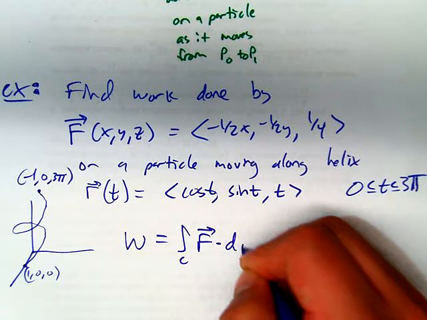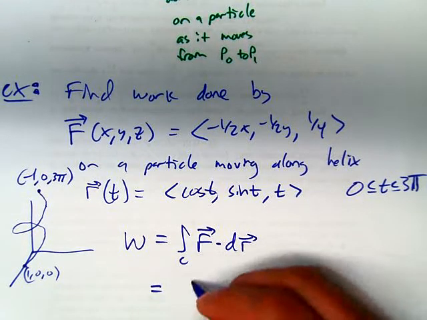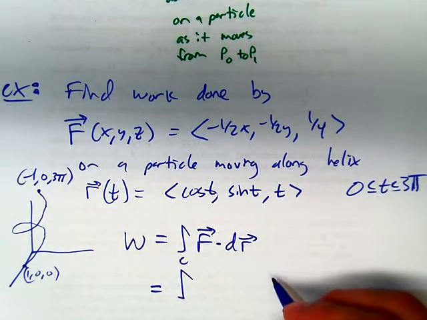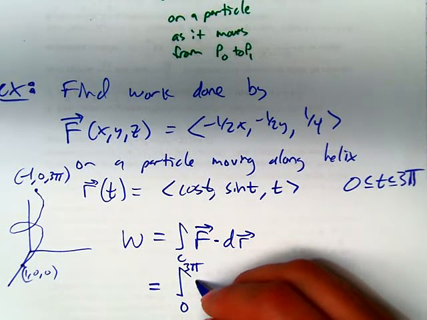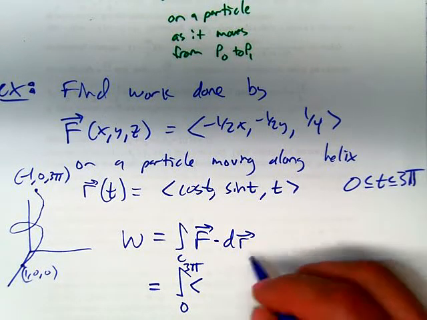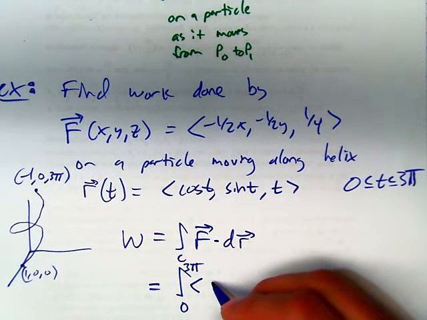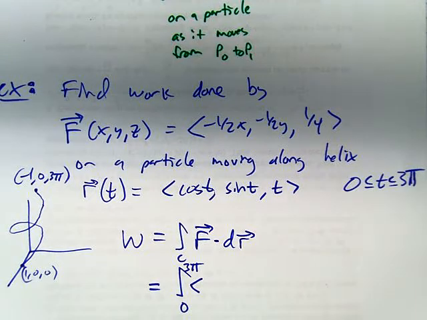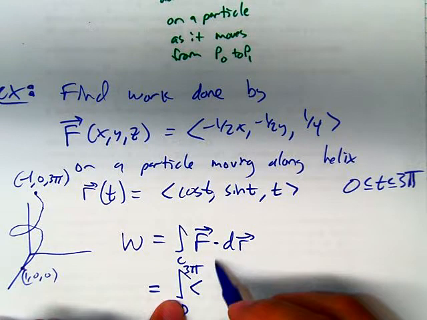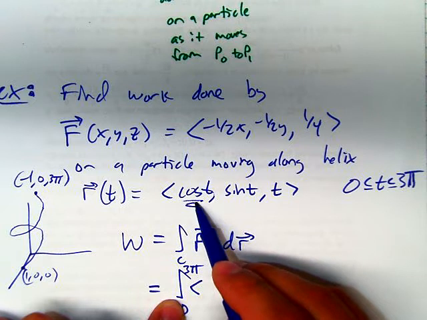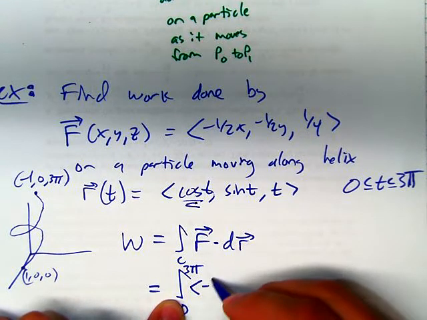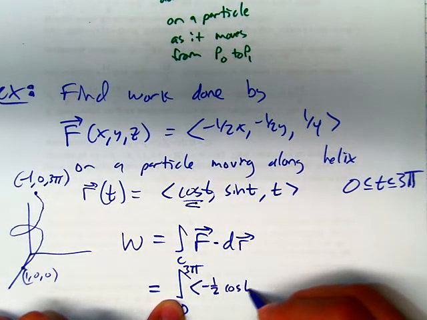again, integral of f dot dr. Since they give us a parameterization, we're going to plug it in. So we're going to go from 0 to 3 pi. Oh no, sorry. F was negative 1/2 x, and since x is cosine t, this becomes minus half cosine t.